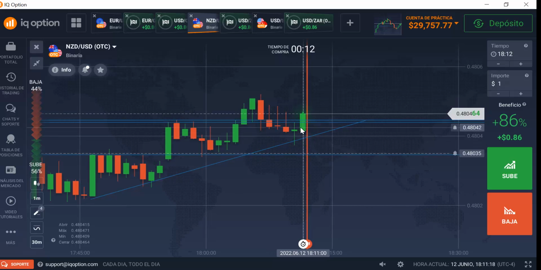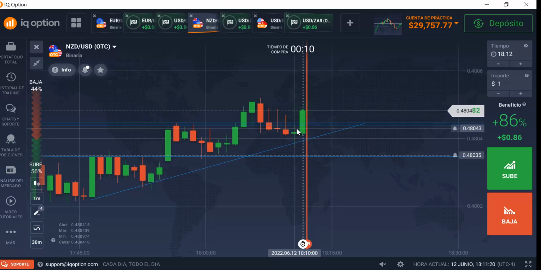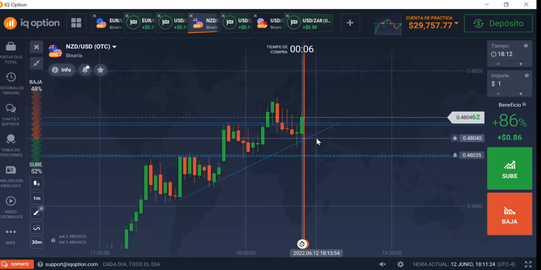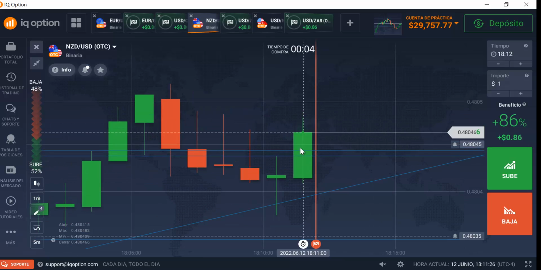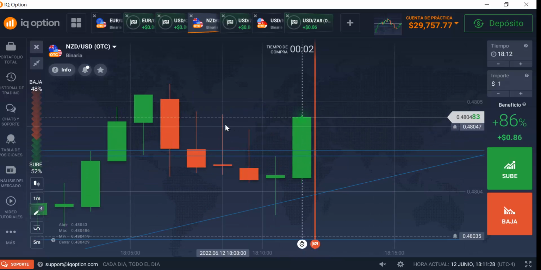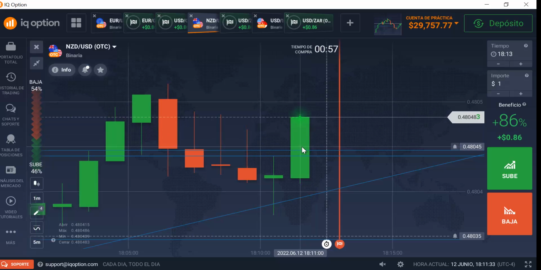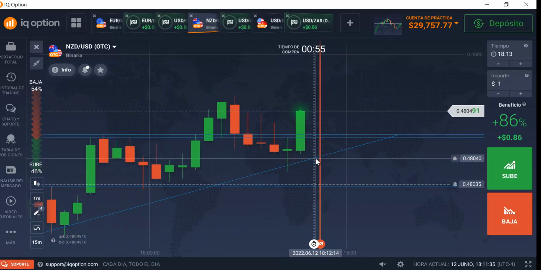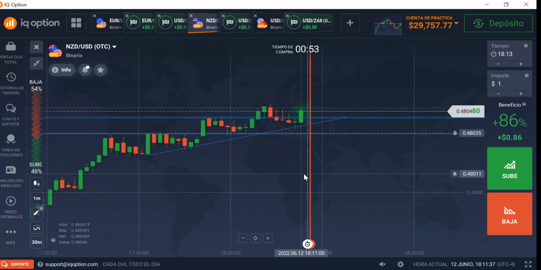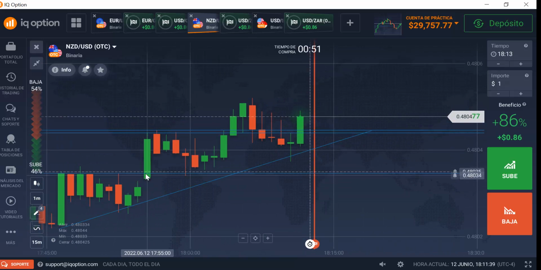It created a doji, and now this is a very big candle. So I wish the candle ends leaving a wick like this, but not going lower than this area, so I could take a higher option, but it's not letting me take a higher option.